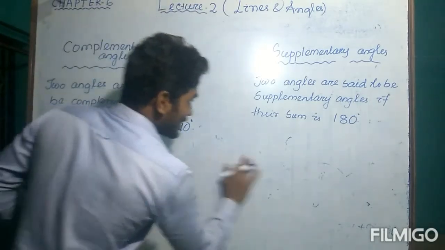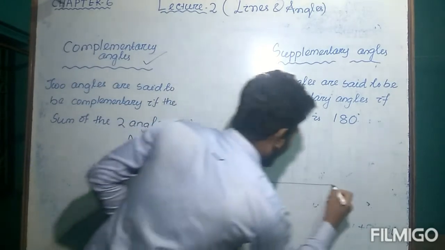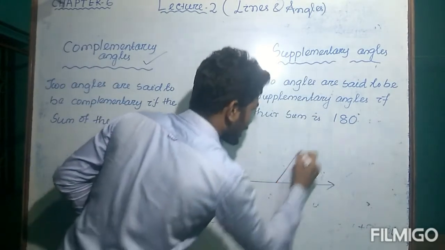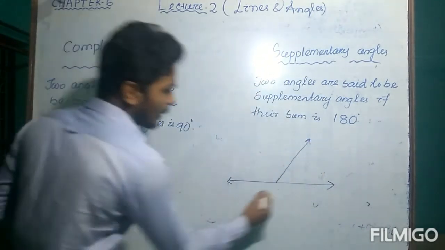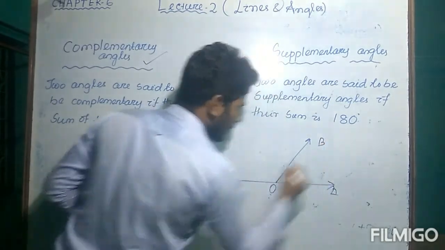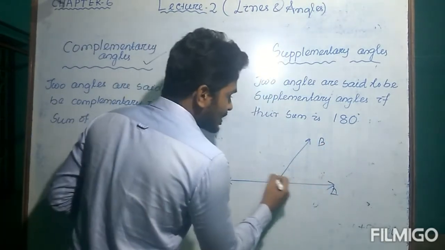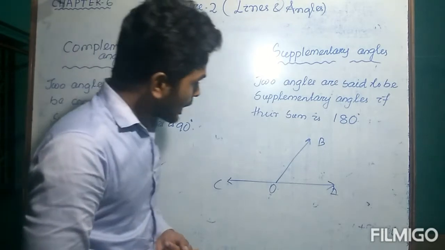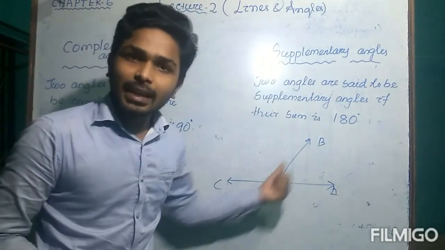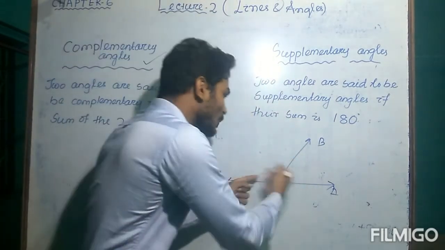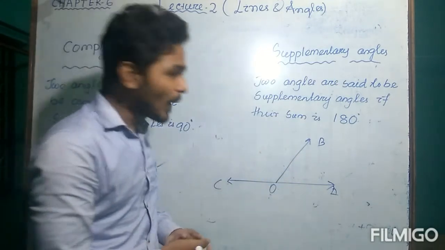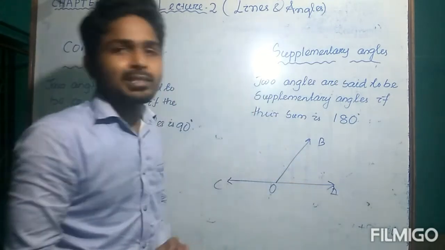Okay, see, if there are two angles, and these two angles are adjacent. Why they are adjacent? Because they have a common vertex and a common arm. As well as these two angles are also linear pair. Why? Because the two non-common arms form a straight line.